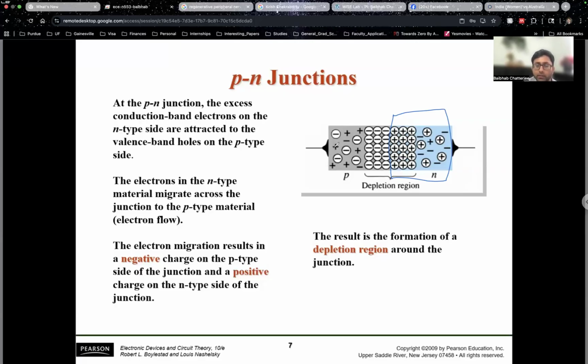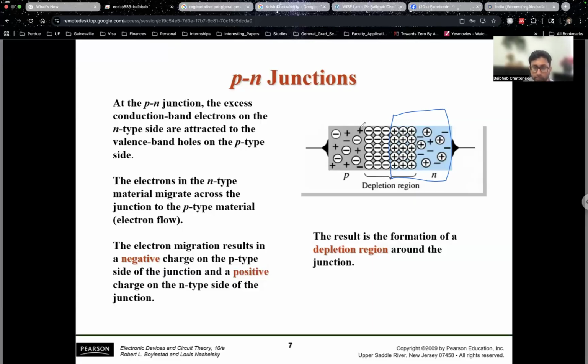Similarly, in the p-type material, there are excess holes. And these holes are also movable because holes are nothing but absence of electrons. And that point of absence of electron, or the location of absence of electron, can also move from one atom to another. And so the atoms are becoming negatively charged. So that's why the encircled representations that you see over here are the atoms which are fixed and not movable.